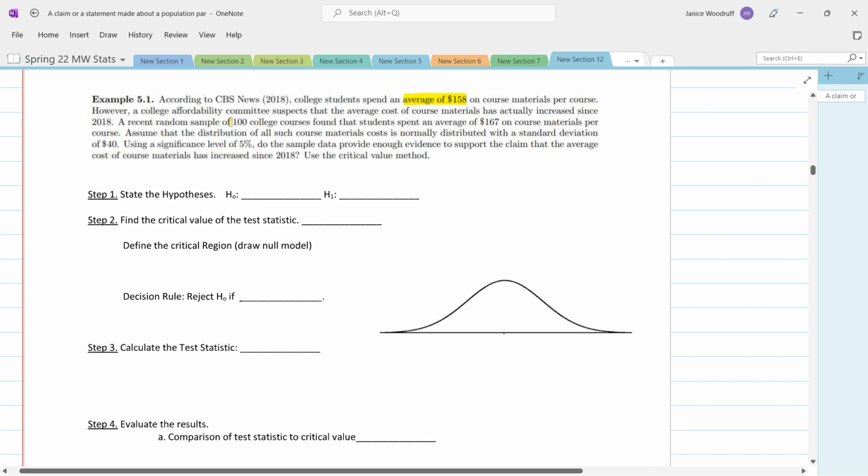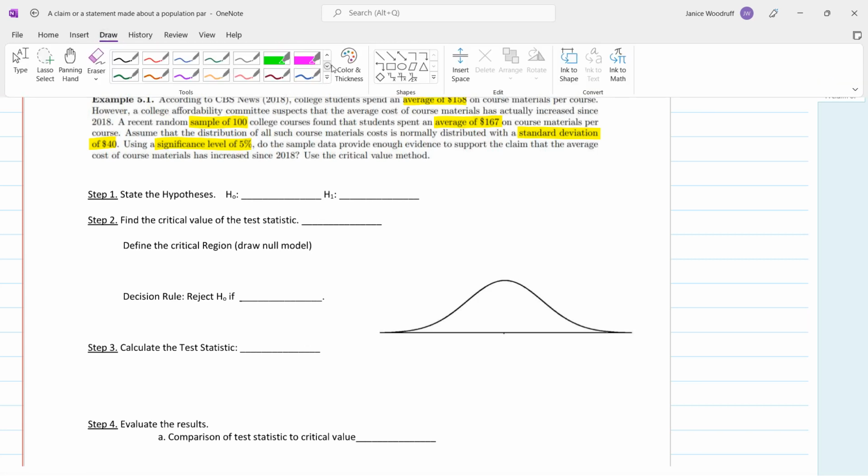A random sample of 100 found that the average in the sample is 167. Assume this is normally distributed with a standard deviation of 40. Significance level of 5%. There we go.